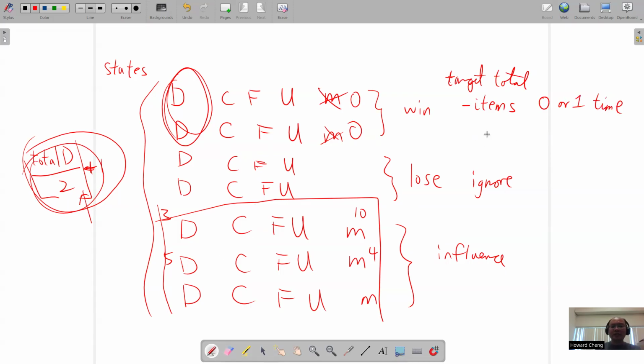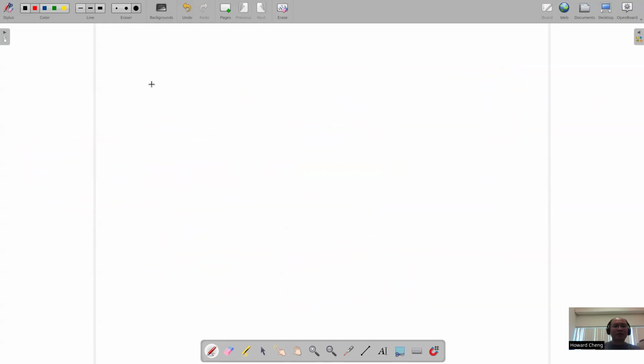And the item has a value of D, because that gives you D delegates, and a cost of M. And you want to get a bunch of items, each used 0 or 1 time, so that the total value is at least this much. And you want to minimize the cost. And this is a typical what we call knapsack problem.